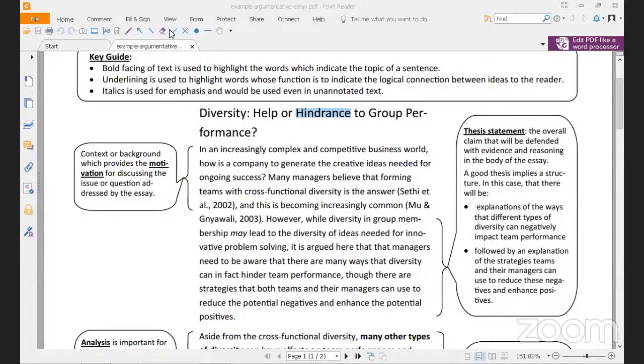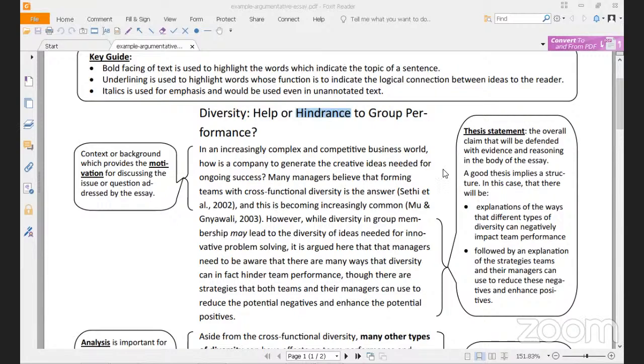However, while diversity in group membership may lead to the diversity of ideas needed for innovative problem solving, it is argued here that managers need to be aware that there are many ways that diversity can in fact hinder team performance. Thus, there are strategies that both teams and their managers can use to reduce the potential negatives and enhance the potential positives.